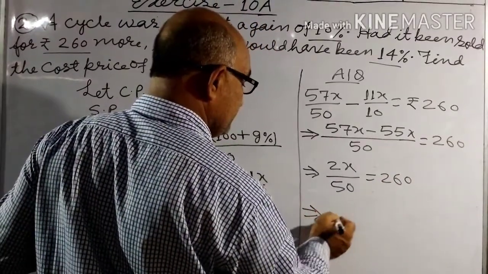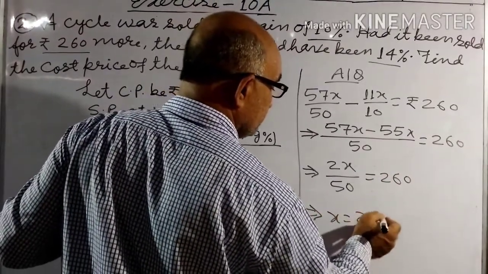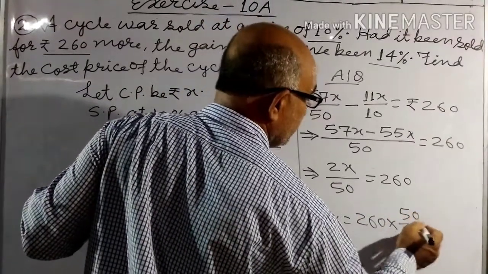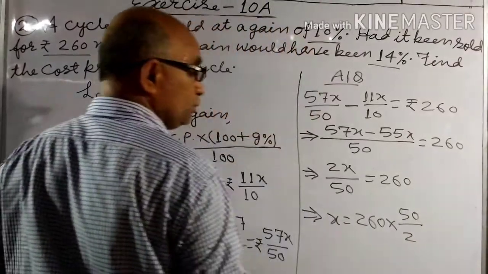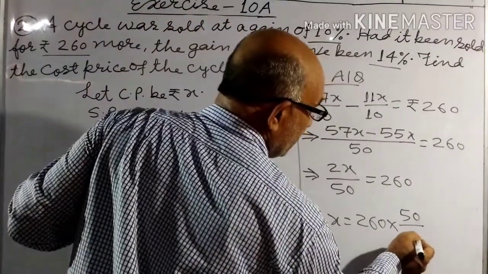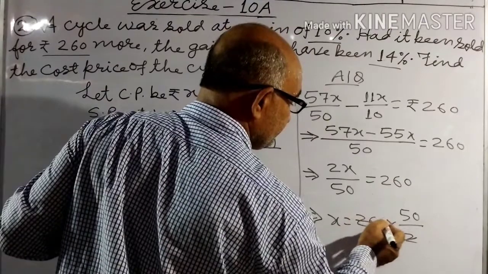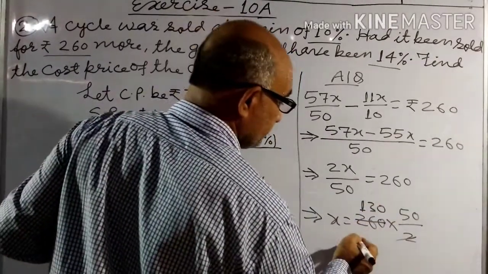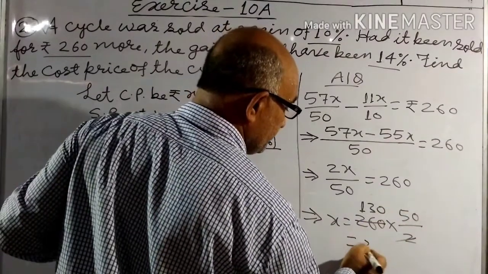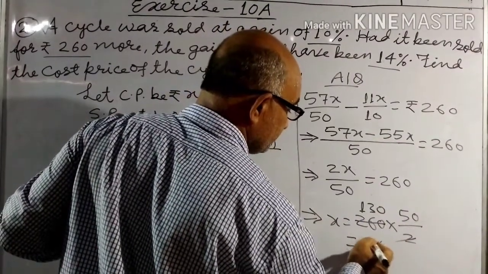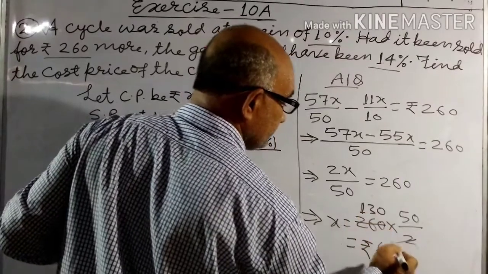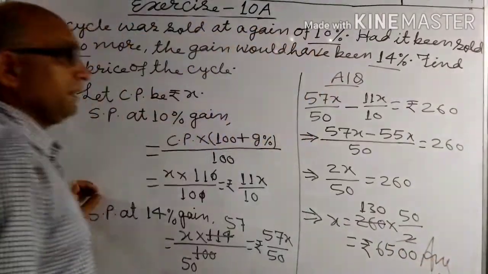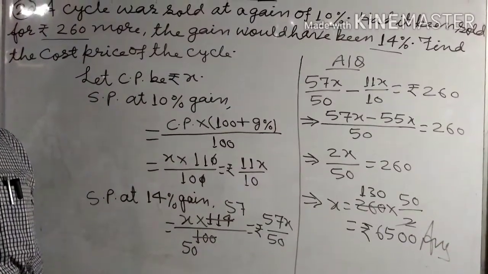That implies x equals 260 into 50 by 2, which is 130 into 50, 6,500. Answer. Understand and write it.